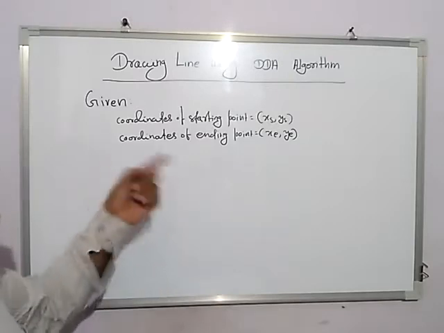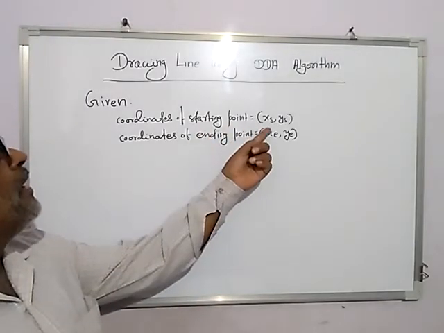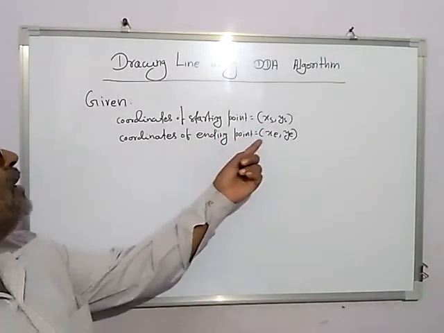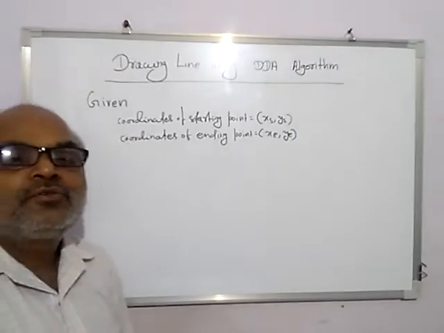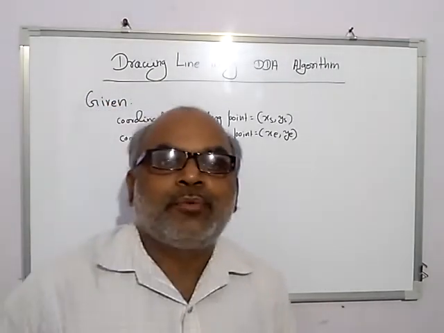Suppose two points are given. This is the starting point xs, ys, and the coordinates of the ending point xe, ye. So what steps are required to generate points?